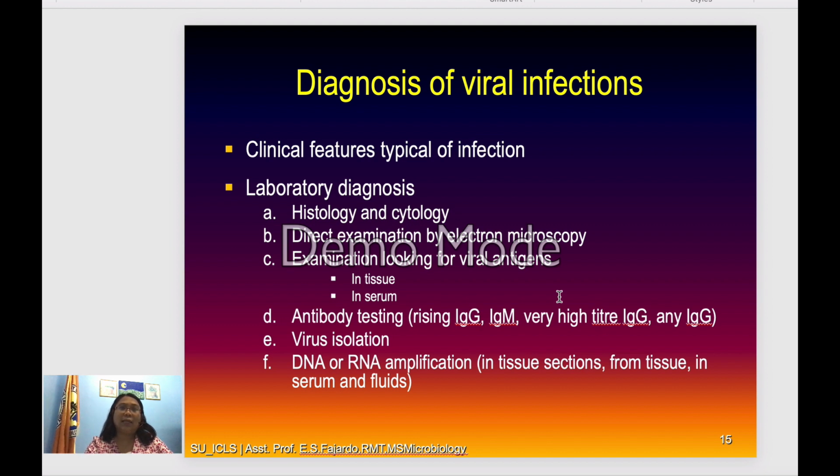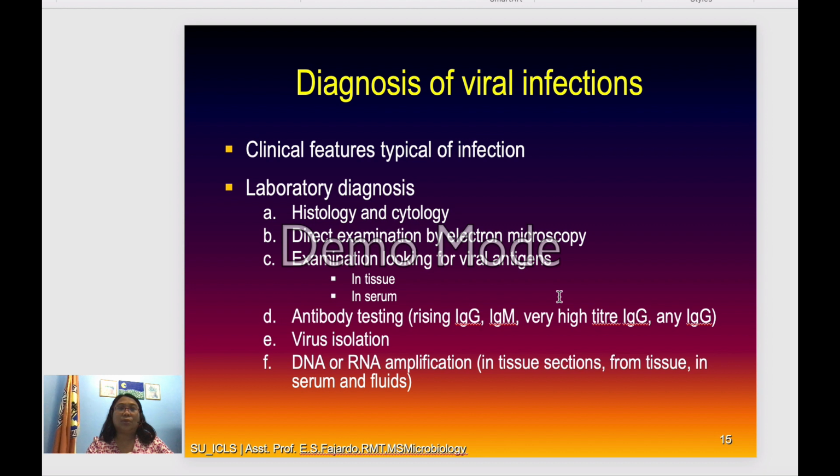In the laboratory we have a lot of methods we can use to diagnose viral infections. We can do a biopsy, cytologic and histologic examination, and direct examination under the electron microscope.